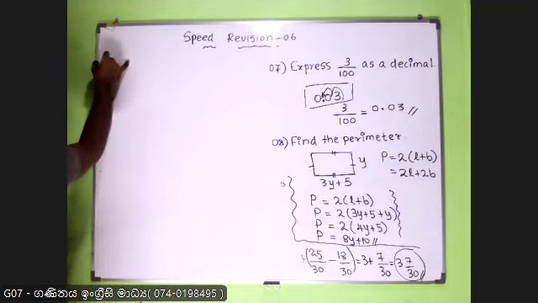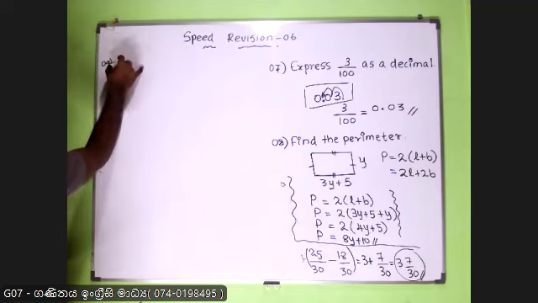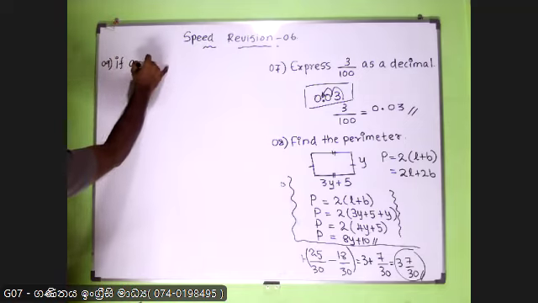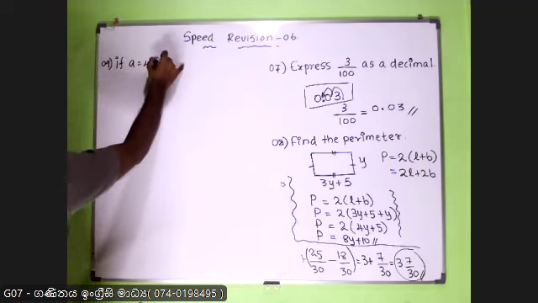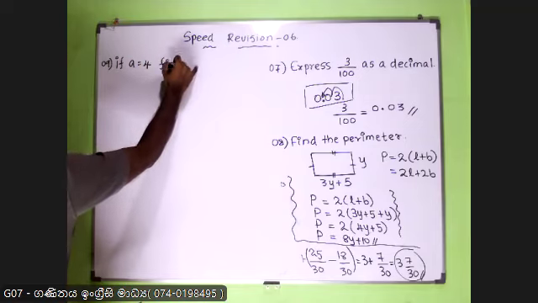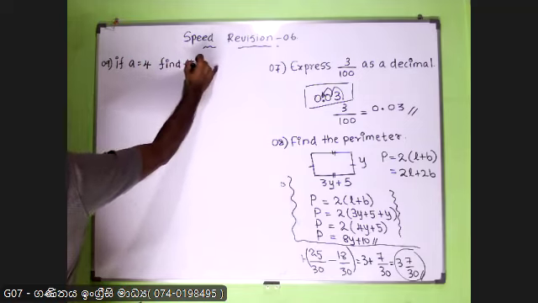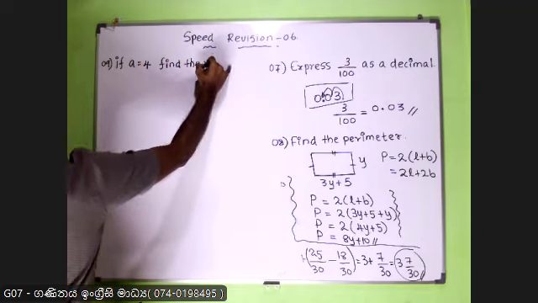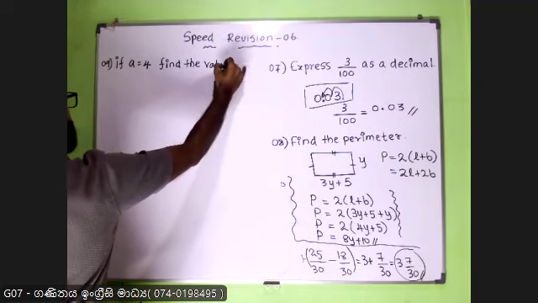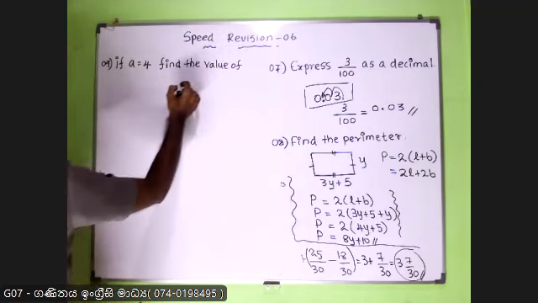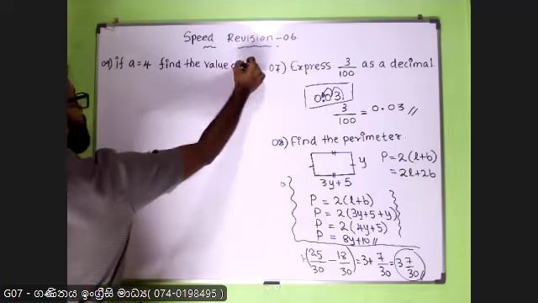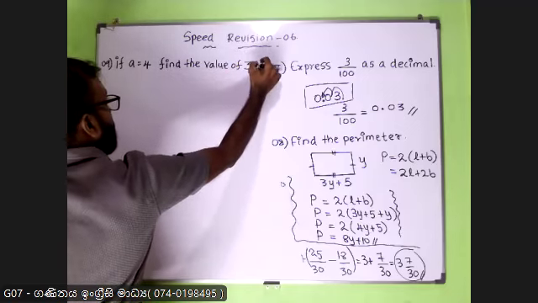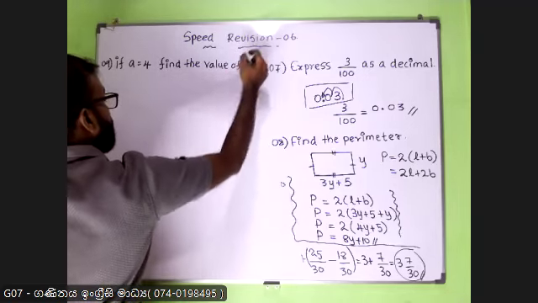So, the 9th question. If a equals 4, find the value of 3a squared, 3a to the power 2.